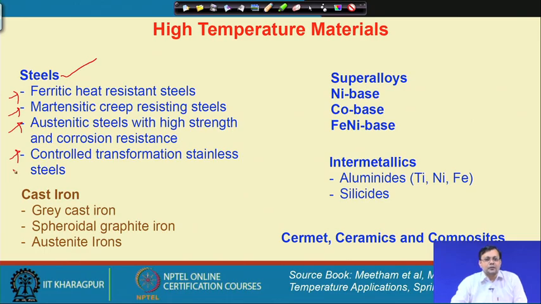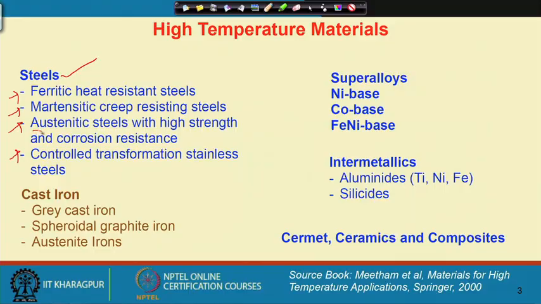Mostly we know the MS temperature is close to room temperature, and yet we are talking about having a steel to be exploited at something like 500 degree centigrade in a boiler, and the microstructure should contain martensite. Yes, by alloy addition we can do that. We will discuss that today.